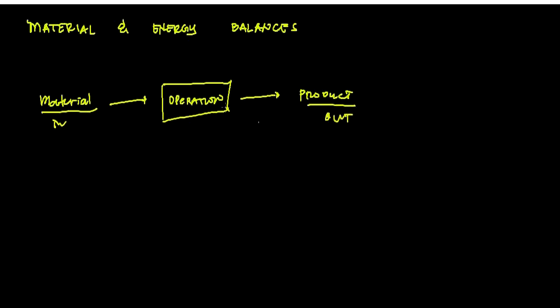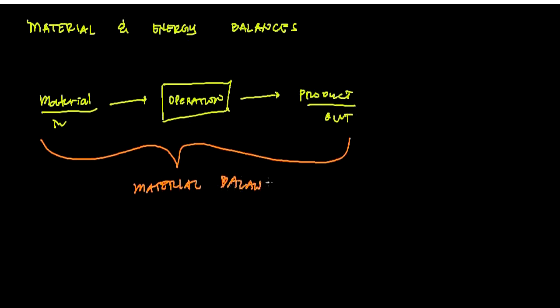The material quantities being passed through this food processing operation, either a basic or unit operation, can be described by what we call the material balance. And these balances are statements on the conservation of mass.